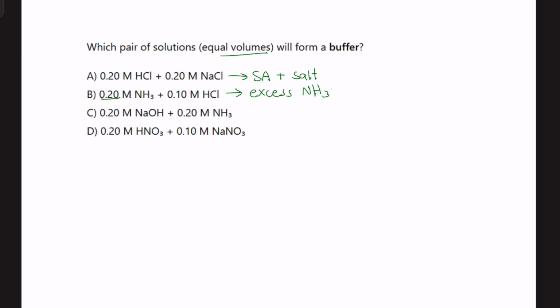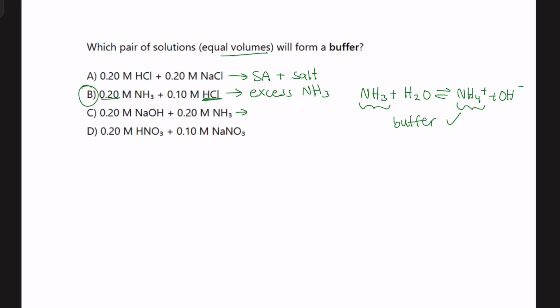So this NH3 will consume all of the HCl, so I have excess of this, and then this will react with the next strongest acid, which will be water, and produce NH4 plus OH minus, and then I have conjugates together in a solution, which will produce a buffer. So we know that our answer is B, but let's go over the other options.